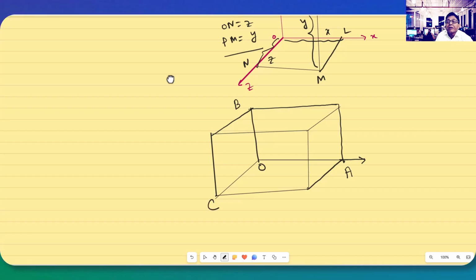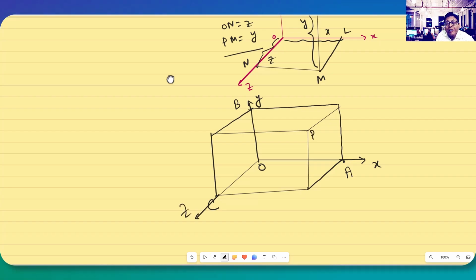In this 3-dimensional space, because this is volume, volume means 3-dimensional space, we are taking x-axis in this direction, this is your y-axis, and this is z-axis.